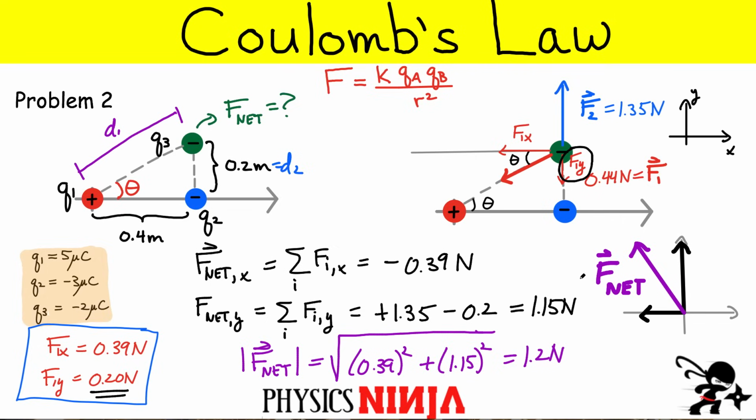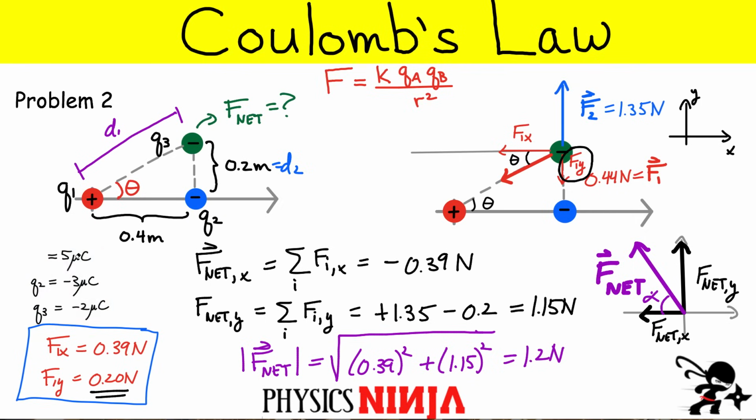The other thing you may want to do is define what is the angle. I define this angle here, alpha, something like this. Again, if you know both components, you know the x component of that force, F net x, and F net y, we should be able to use our trigonometry in order to write down an expression for what this angle alpha is. So let me go ahead and do that over here.